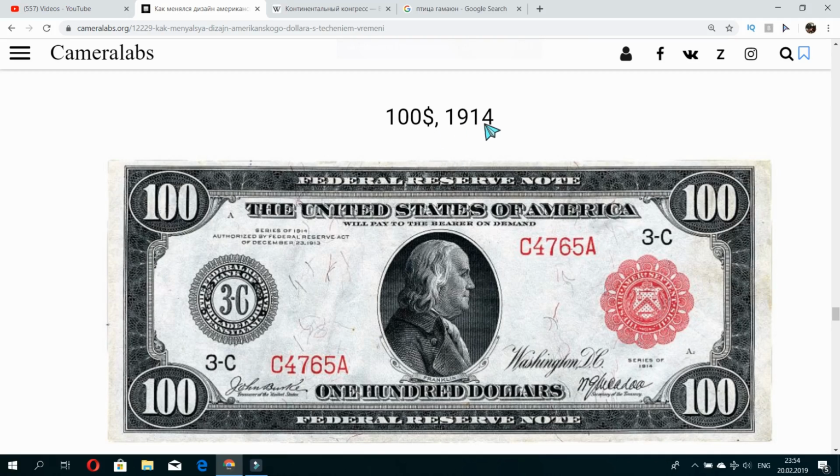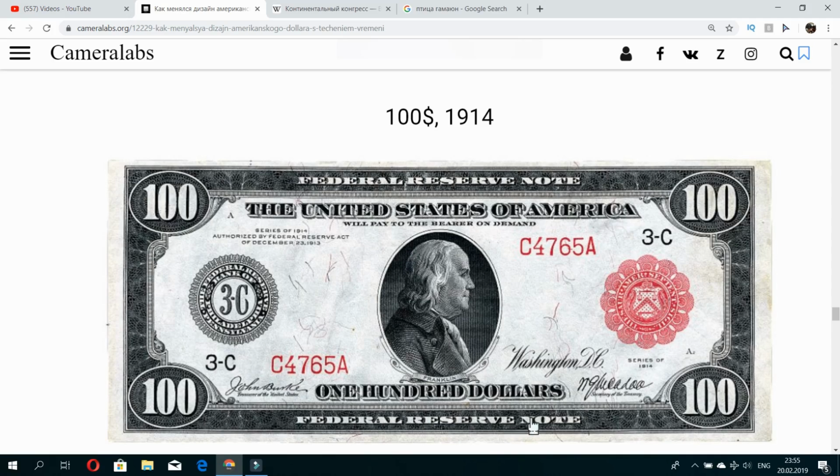$100 of 1914. And here we have completely new banknotes. These are called the Federal Reserve notes, and they say the United States of America will pay to the bearer on demand. Okay, so something changed.